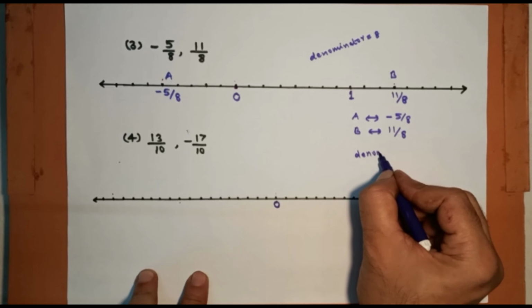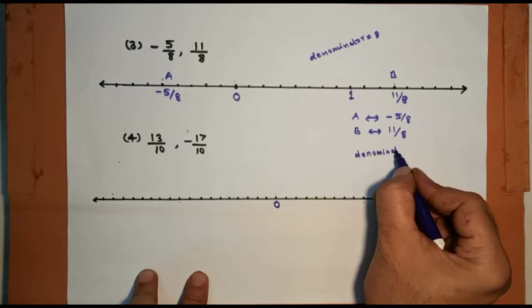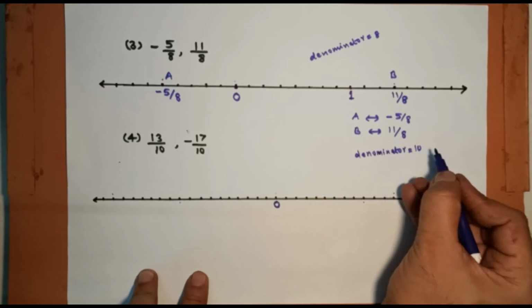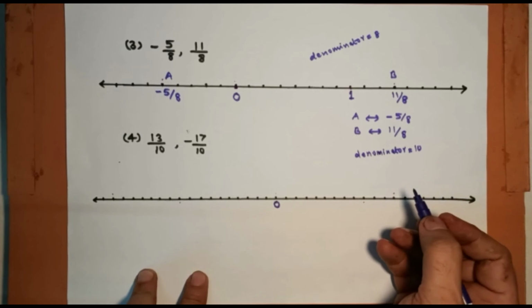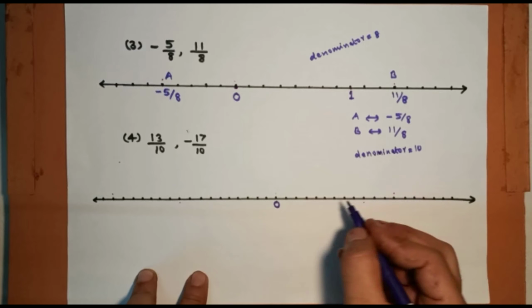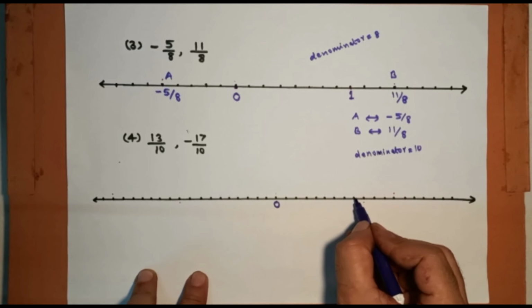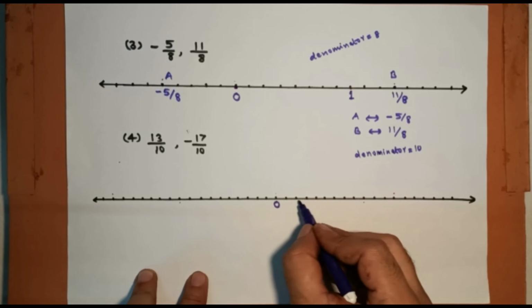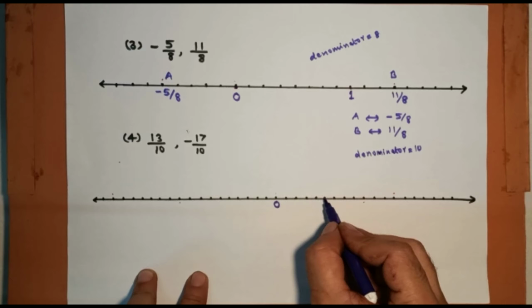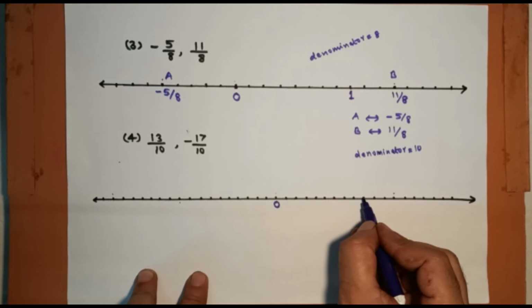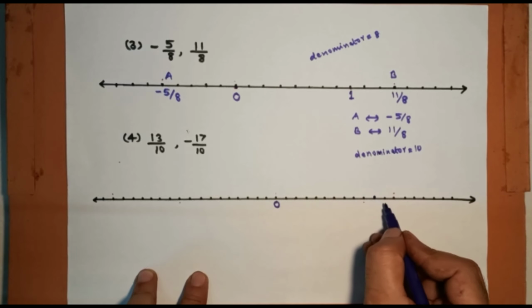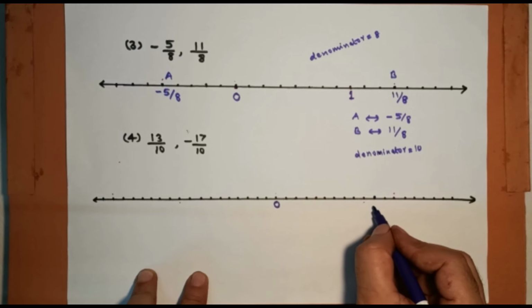You just write the denominator as 10, so there will be 10 divisions and the 10th point will be 1. 1, 2, 3, 4, 5, 6, 7, 8, 9, 10. This 10th point will be your 1.